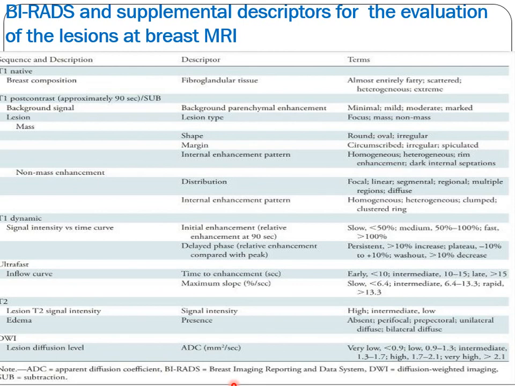The signal intensity time curve, in which you have to look at the curve and give your impression about whether it is persistent, plateau, or washout. And in the initial phase, whether it is slowly increasing in intensity, medium increasing, or very fast increasing in intensity, which mostly goes with malignancy.